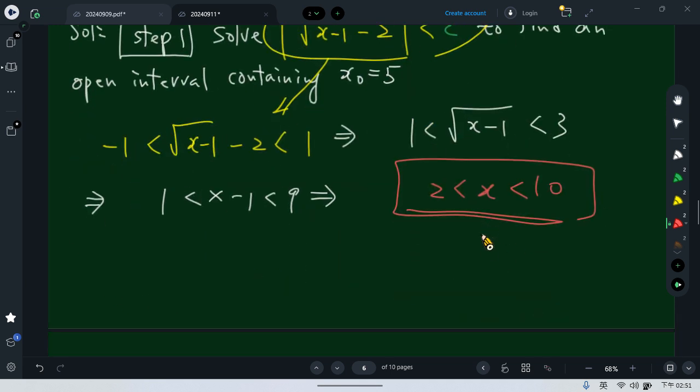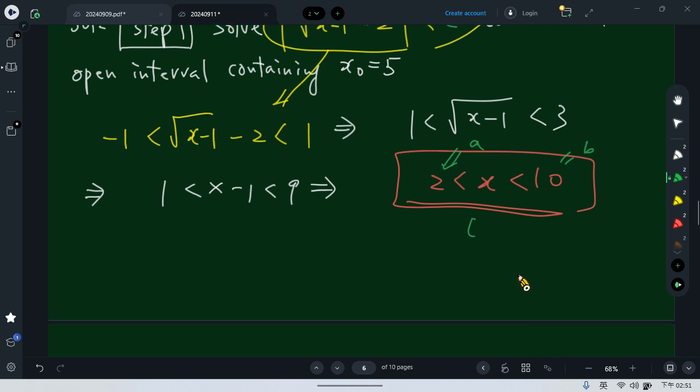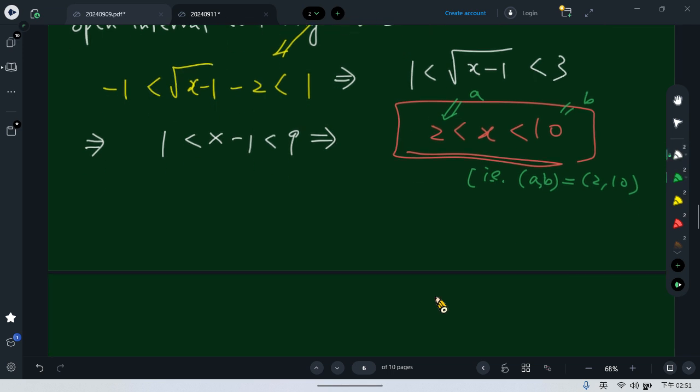So in this case, what is A? What is B? What is A? 2. Yes. This is A. This is B. So AB here will be (2, 10). Then for step 2, what is step 2?